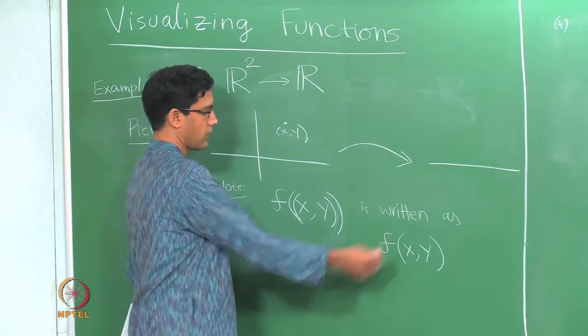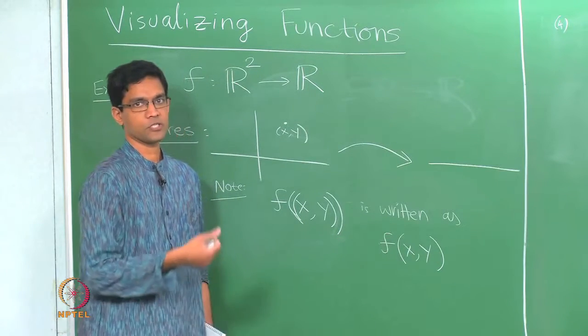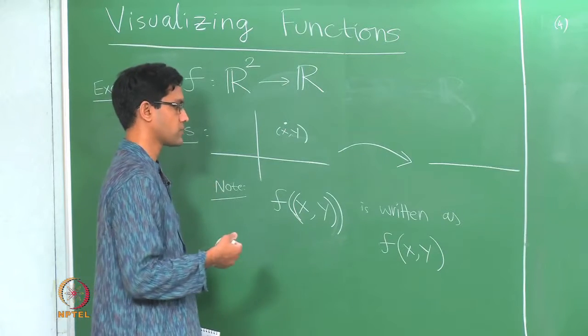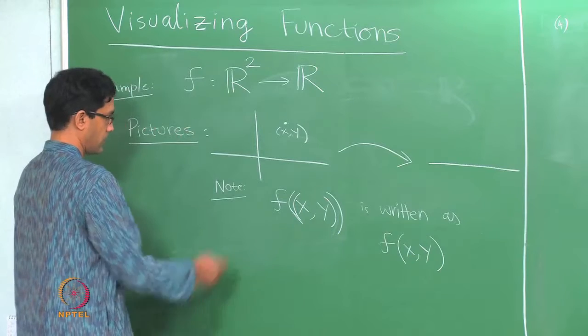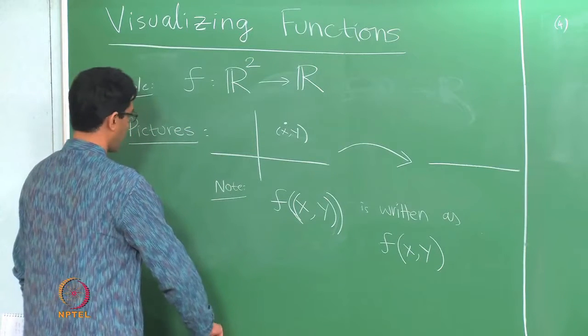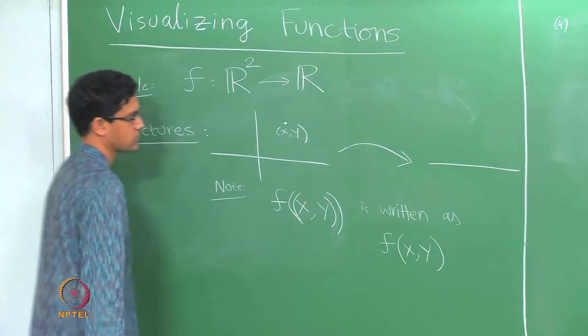Okay. So this is really what you would call a function of two variables. The two variables x and y you want to think of as being the x coordinate and the y coordinate. And so I was going to say what sorts of pictures one draws of such functions.